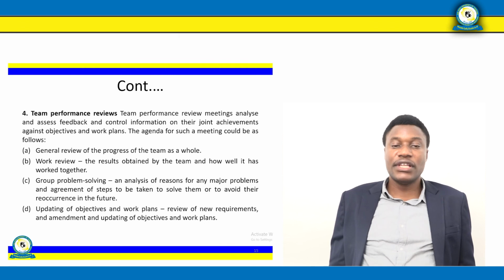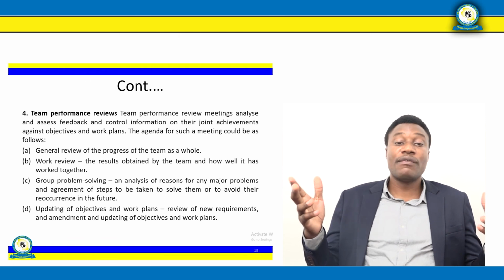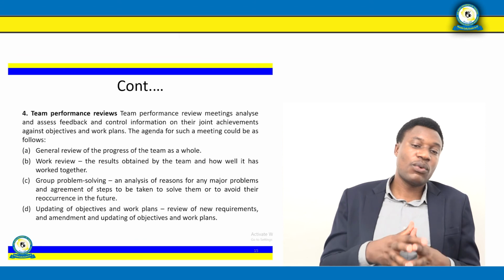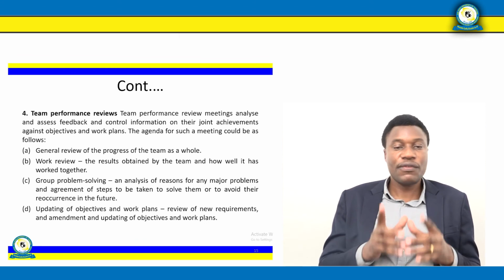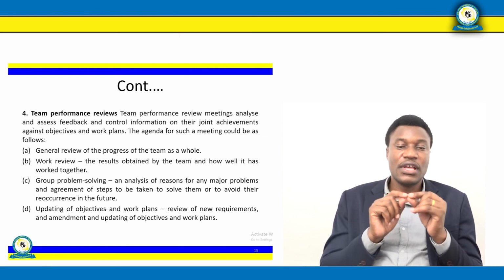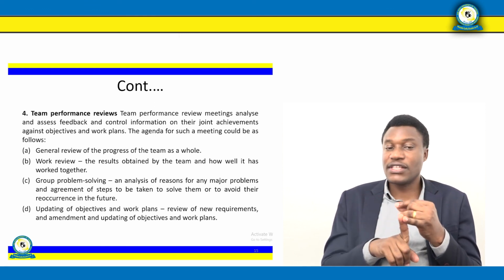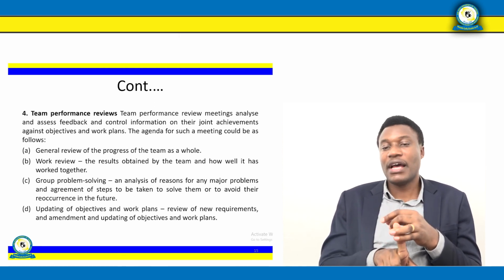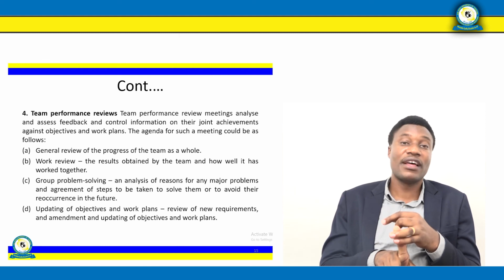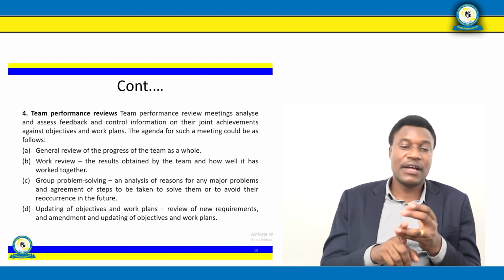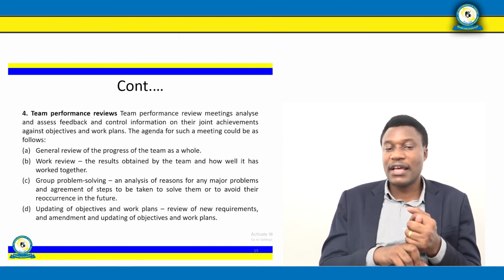One is a general review of the progress of the team as a whole. So we have to review how we have been behaving as a whole. And then the other one is work review. So within a team performance review meeting, we need to adhere to these issues: general review of the progress of the team as a whole; work review of the results obtained by the team and how well it has worked together, how efficient and effective it was within the process; and group problem solving.